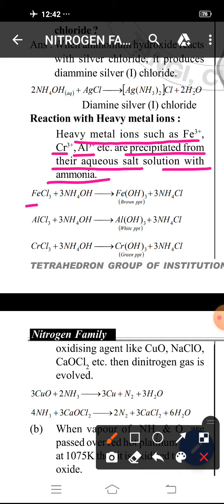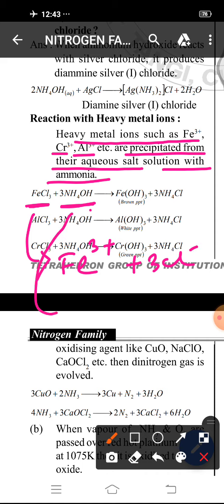See, when ferric chloride FeCl3 reacts with ammonium hydroxide, FeCl3 dissociates to form Fe3 plus and 3Cl minus, and NH4OH dissociates to give NH4 plus and OH minus. So 3 ammonium hydroxide means 3 NH4 plus and 3 OH minus.